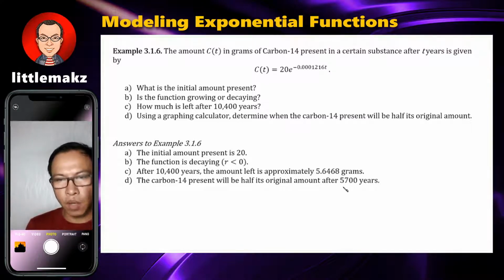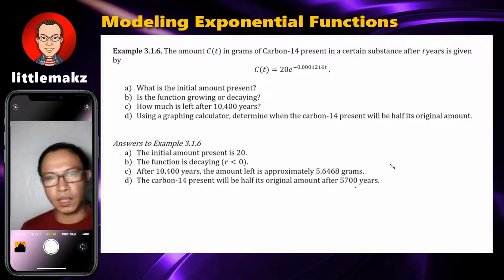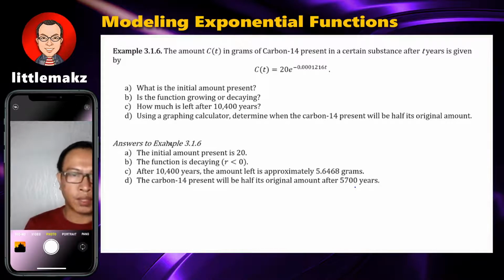However, how did we arrive at 5,700 years in this case? Take note that we use a graphing calculator, of course the Desmos, to determine the number of years when the amount of carbon-14 present will be simply half of its original amount.